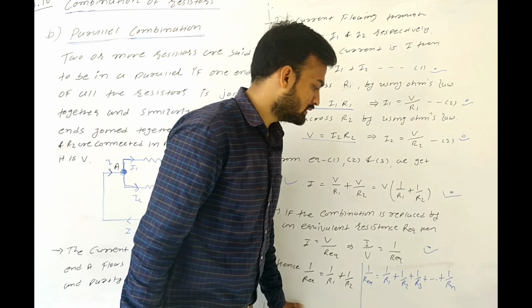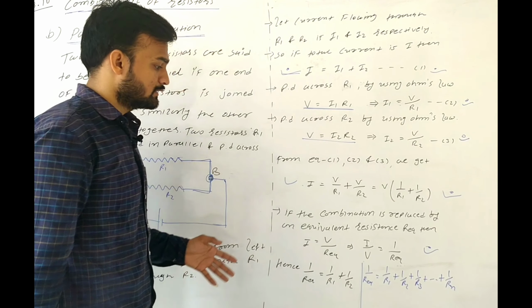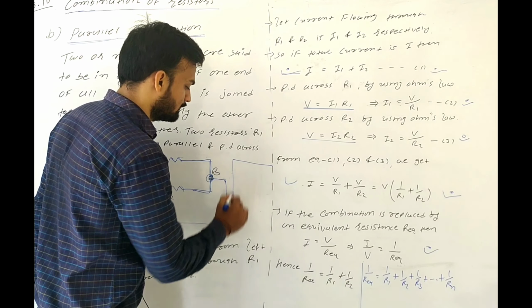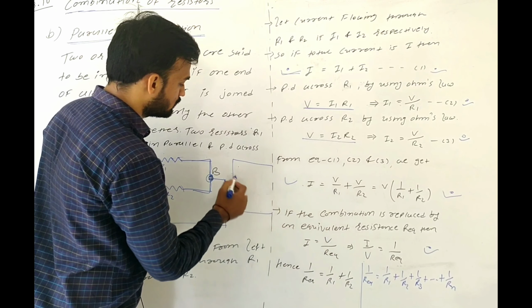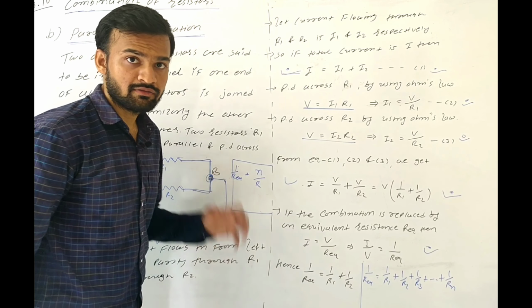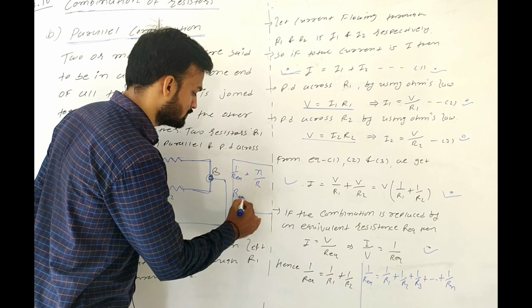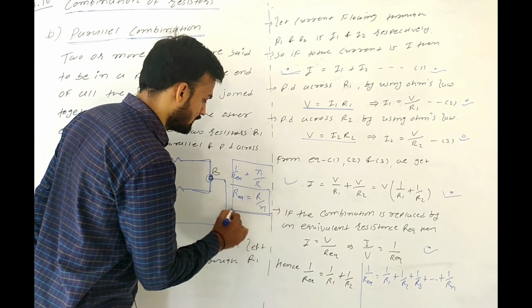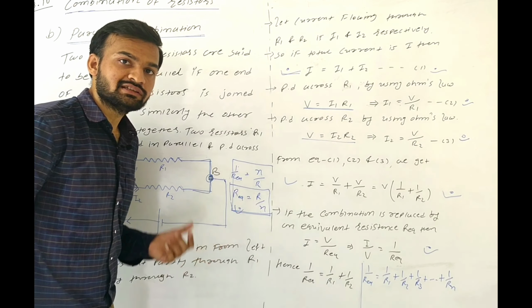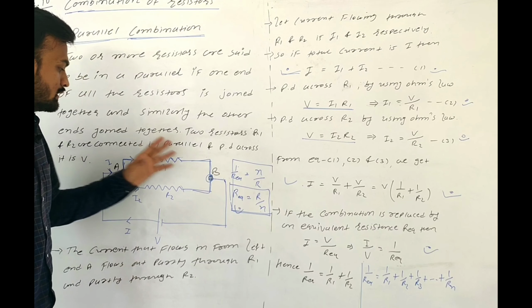It is also applicable for n identical resistors: 1 over R equivalent equals n by R, where the value of all the identical resistors is R. So R equivalent equals R by n. From this we can say that the equivalent resistance in a parallel combination is smaller than the smallest value of resistance connected in it.